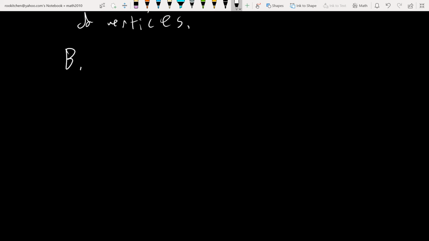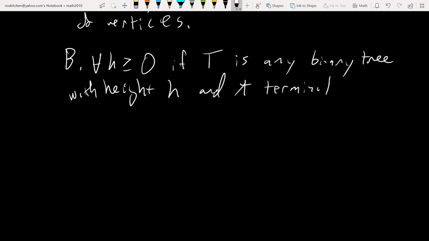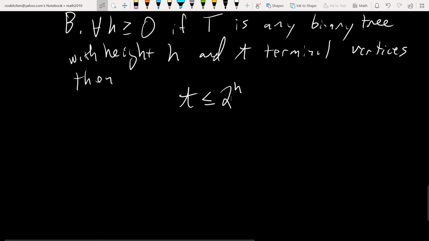This theorem says for all h greater than or equal to 0, if T is any binary tree with height h, and T terminal vertices, then the number of terminal vertices will be less than or equal to 2 to the h power. They also give you another part that's like just take the log of both sides, but we're not going to use that.